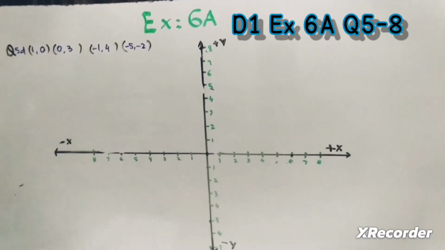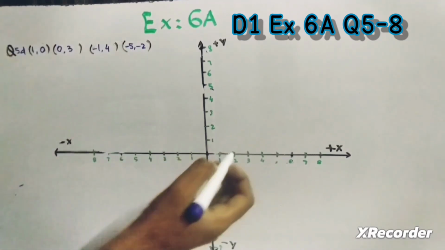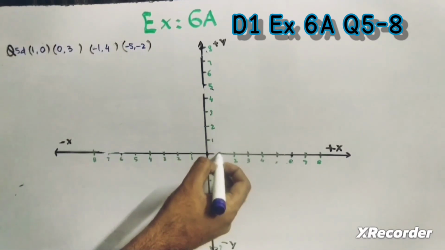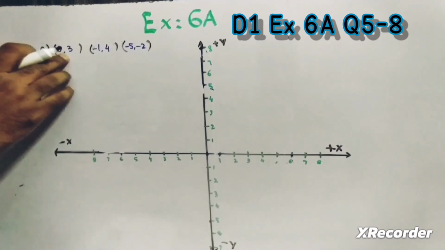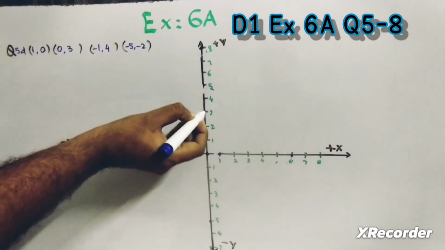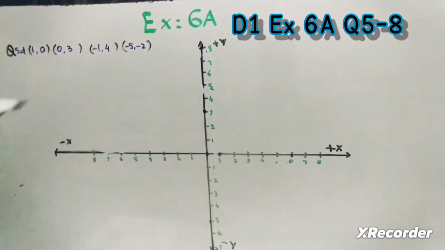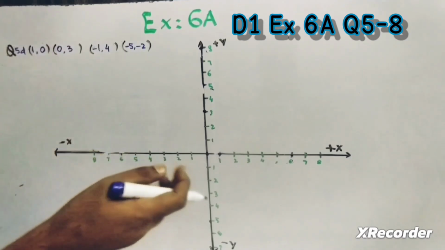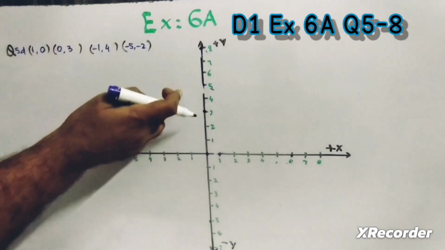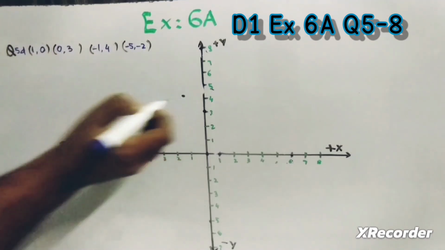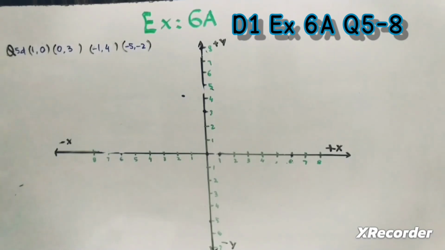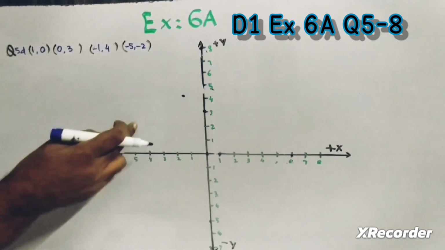Now part D: (1, 0), (0, 3), (-1, 4), (-5, -2). (1, 0): on the x-axis we have 1 and 0, this is our point. Second point is (0, 3), this point. (-1, 4). (-5, -2): minus 5 and this is minus 2.